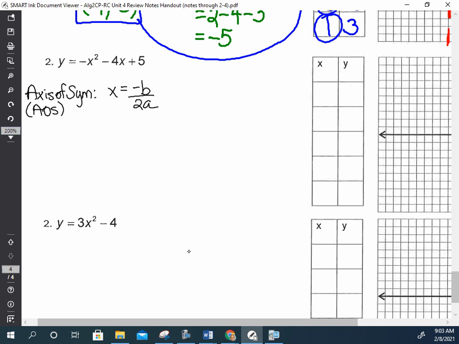You identify your A, B, and C. Remember, A is the number in front of x squared, so A equals negative 1. B is the number in front of x, B is negative 4. C is the number with no variable, C is equal to 5.